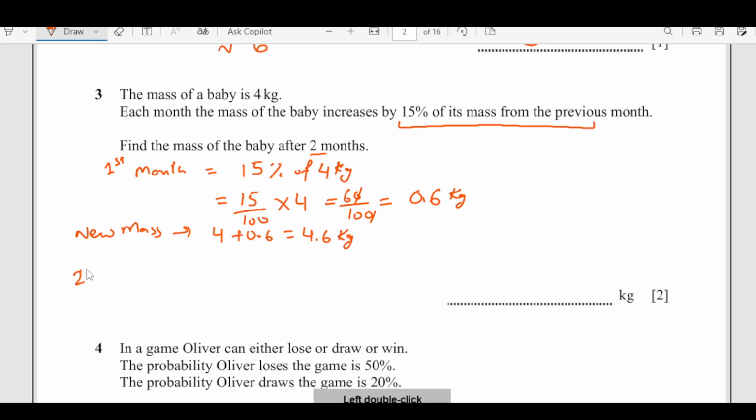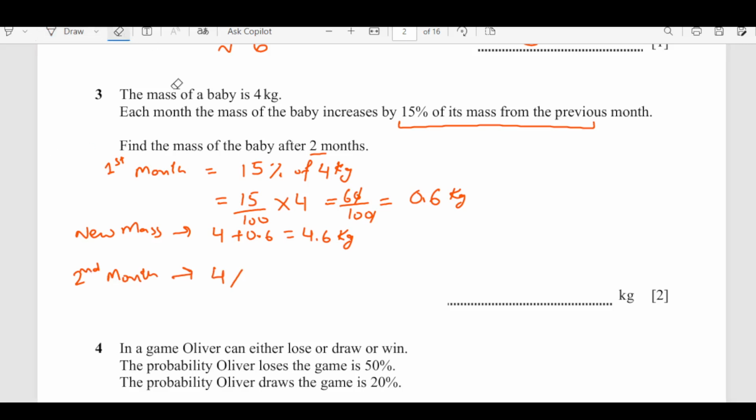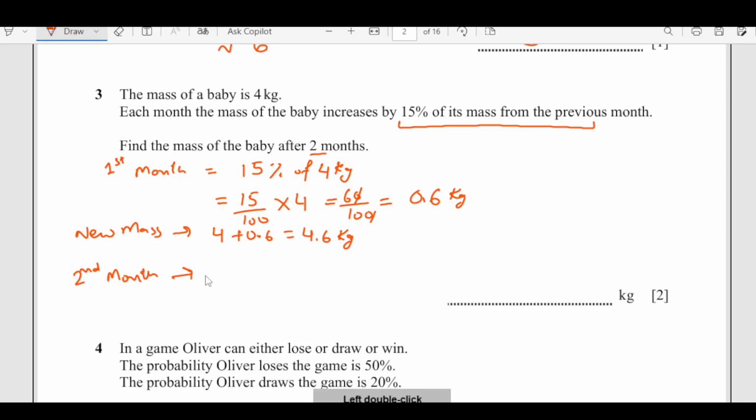So in the second month, what's going to happen? Again the increase is 15% of the previous month. The previous month is now 4.6 kilograms, so this is going to be 15 over 100 times 4.6.